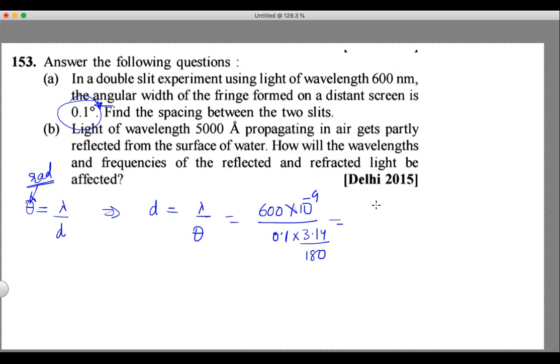So this will become 600 into 180 over 3.14 into 10 raised to the power minus 9.